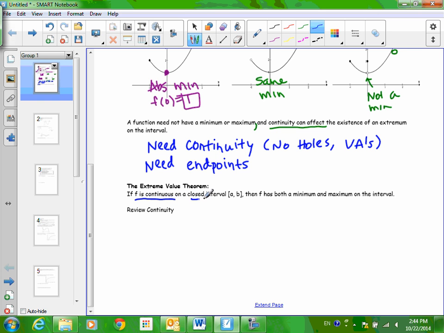We also need a closed interval. That's what having endpoints does. If you have endpoints, you have a closed interval. Remember the difference between bracket and parenthesis? It meant that you either have the endpoint or it's like a boundary. Okay? If both of those things occur, then F has both a minimum and a maximum, and these are absolute minimums and maximums. Okay?